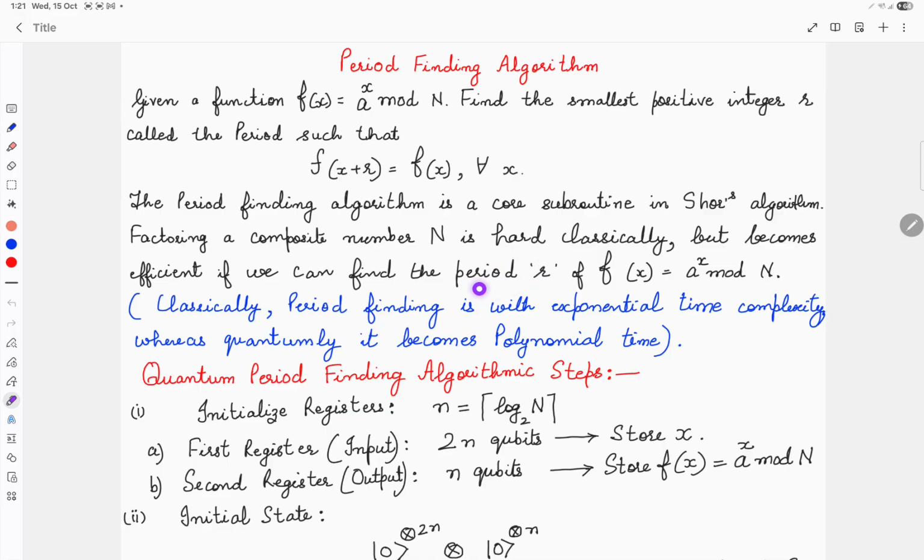If you are able to efficiently find this period r, factoring a composite number N becomes very efficient and we will be able to achieve this task in polynomial time. As I just mentioned, classically period finding has exponential time complexity, whereas quantumly it becomes polynomial time.